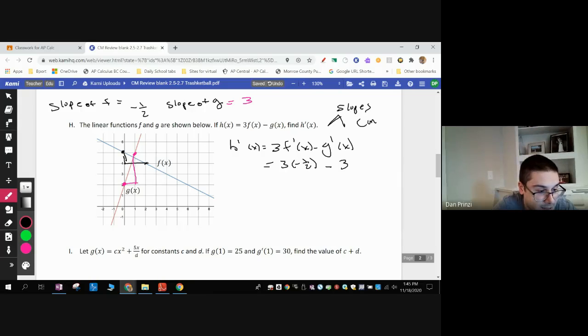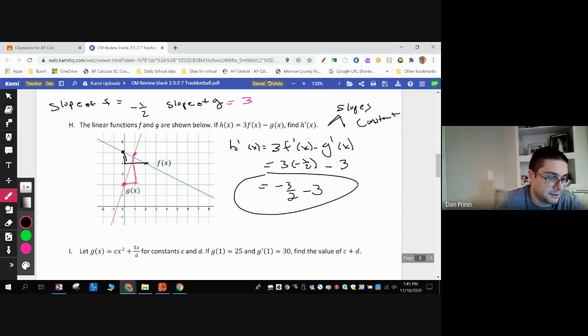The slopes are constant. With a line, your slopes are constant. So you don't have to figure them out at a point because they're always going to be those, right? If they're drawn. So that ends up being negative 3/2 minus 3. I'd leave it like that as a safe stop. But okay, just remember, guys, lines have constant slopes.